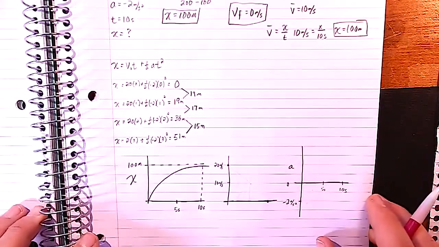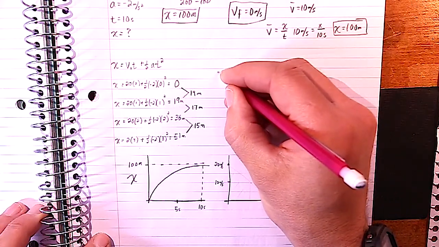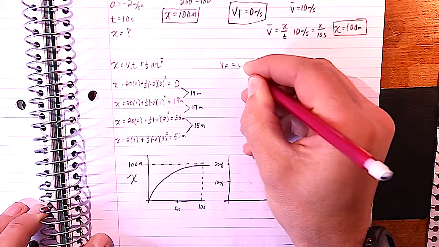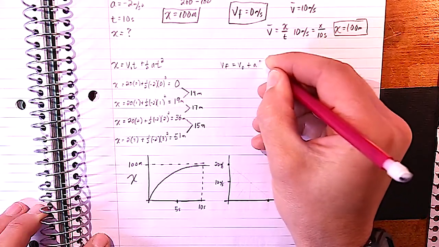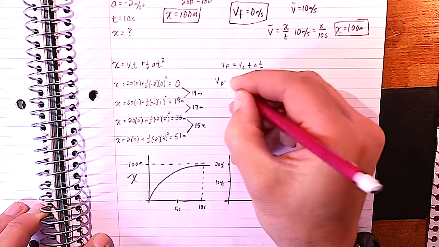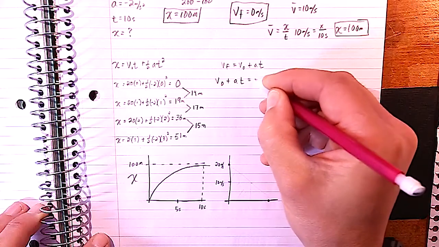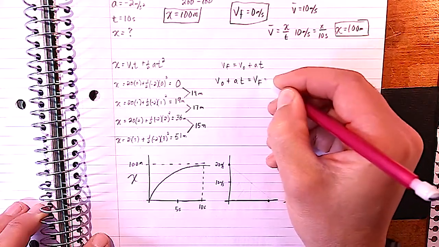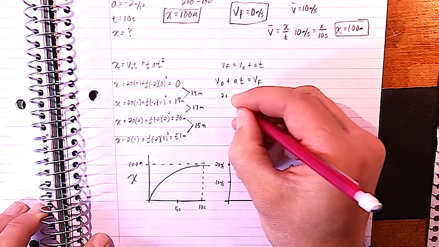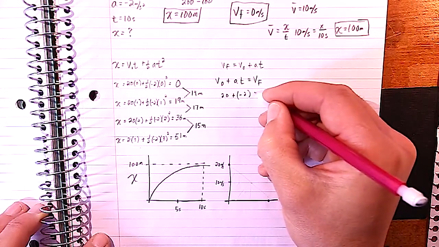Now, similarly, we can look at the final velocity. We can say that Vf equals V naught plus AT, and I'm just going to rearrange this to put Vf on the other side. So V naught plus AT is equal to Vf. If we start, it starts with 20 plus -2 times 0.